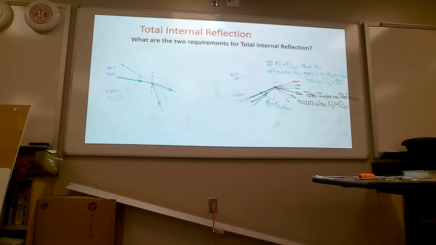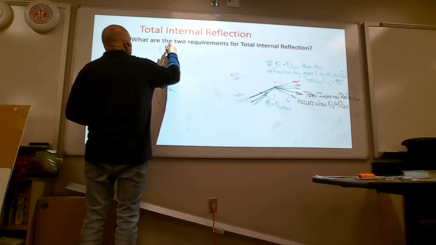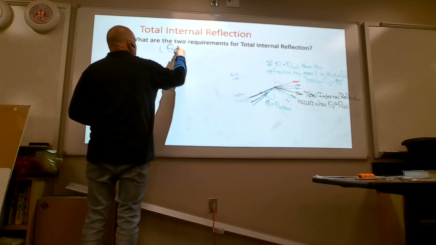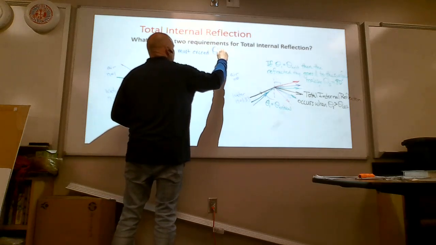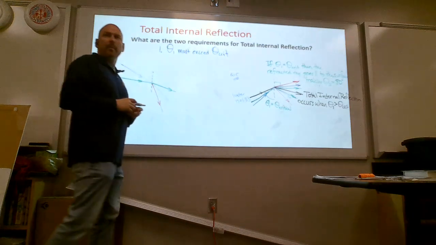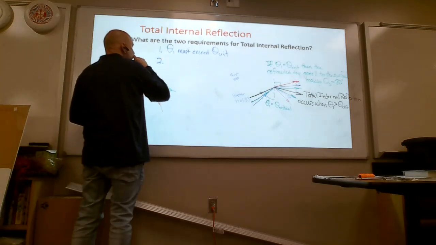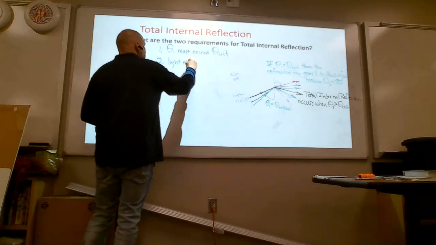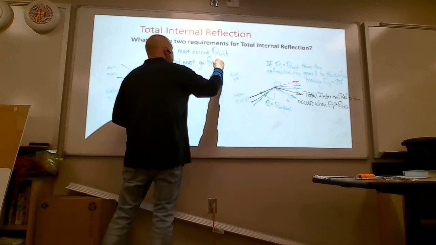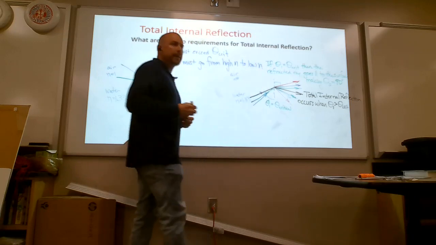Two requirements, two conditions for total internal reflection to occur. Number one, theta 1 must exceed the critical angle. Number two, light must go from a high index of refraction to a low index of refraction.